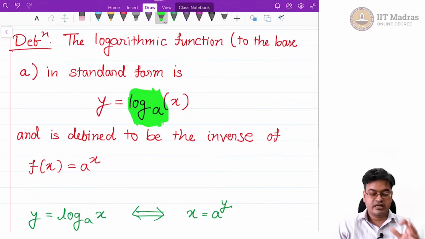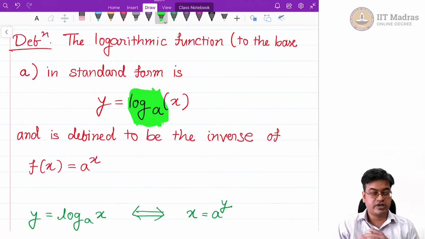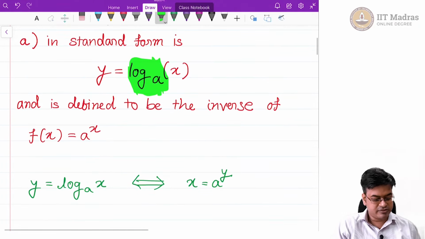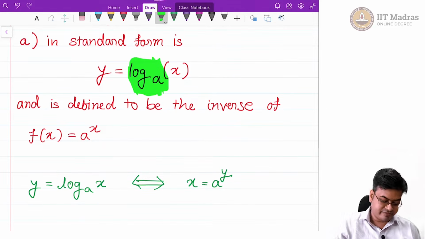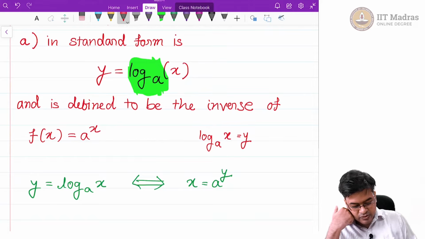So in order to do that, let us try to devise some rule so that we will have a track of what is exactly happening when we are talking about logarithmic function and how it is related to exponential function. So there is a 1-to-1 correspondence between logarithmic function and an exponential function, which is expressed by this relation: y is equal to log to the base a of x if and only if x is equal to a raised to y. Or for more precision, you can write this as log to the base a of x is equal to y.